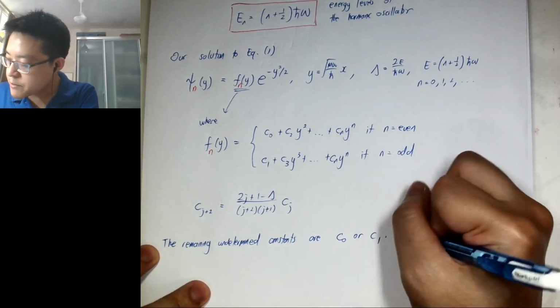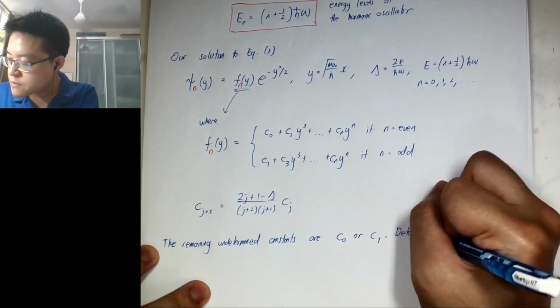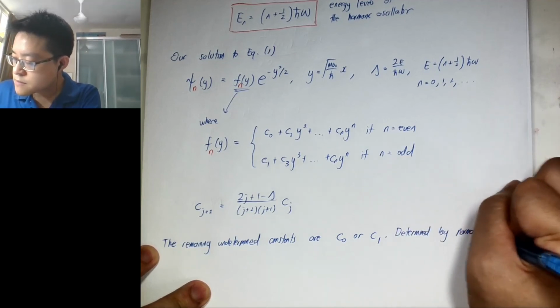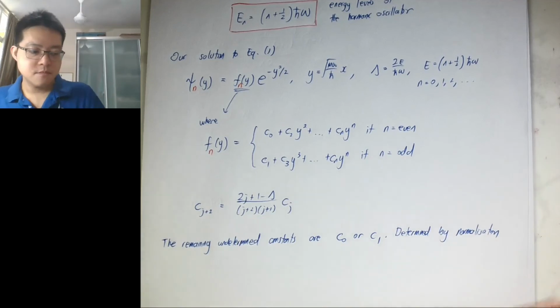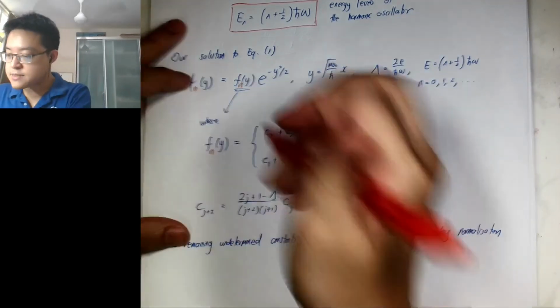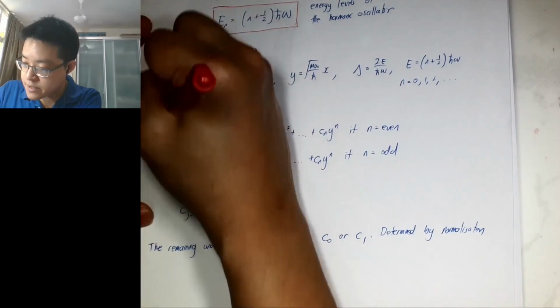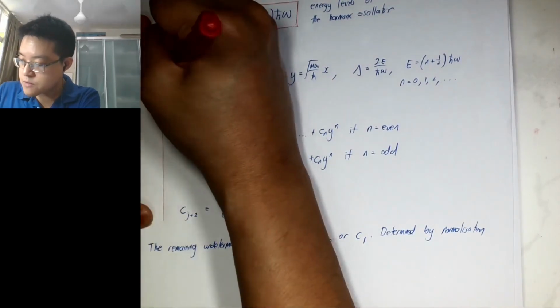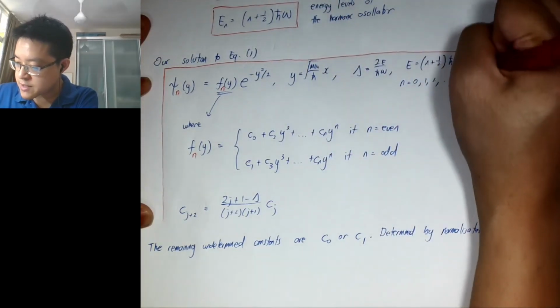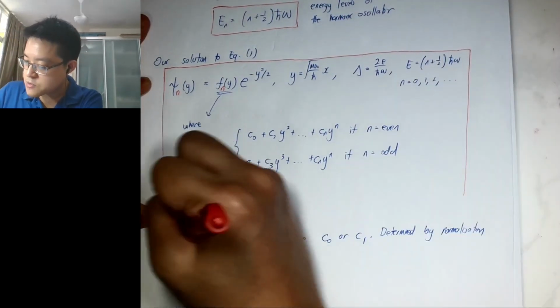So this can be determined by normalization. Okay, but in any case, we have everything we need to solve the harmonic oscillator already. So this whole thing was our solution.